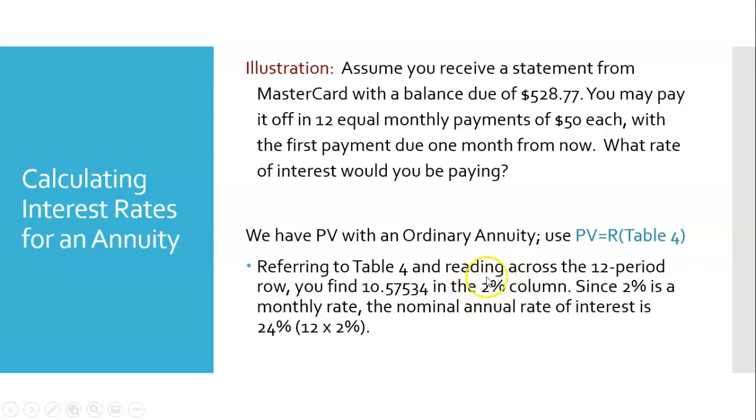Now this is 2% per month. There are 12 monthly periods at 2% per month. Since we put interest in terms of an annual rate, not a monthly rate, we take the 2% and multiply it by 12 months. So our actual rate that we're paying for that MasterCard is 24% a year.